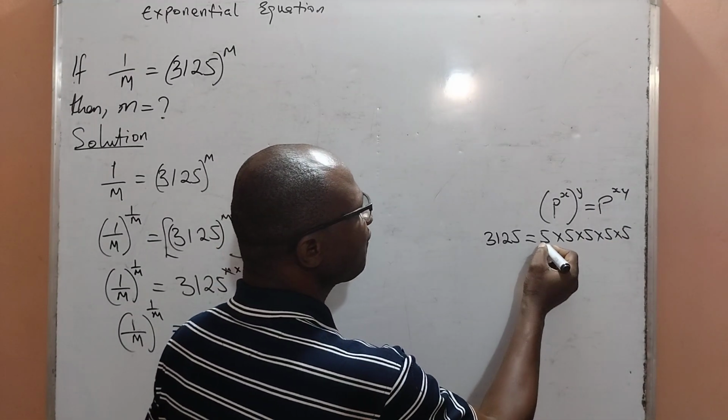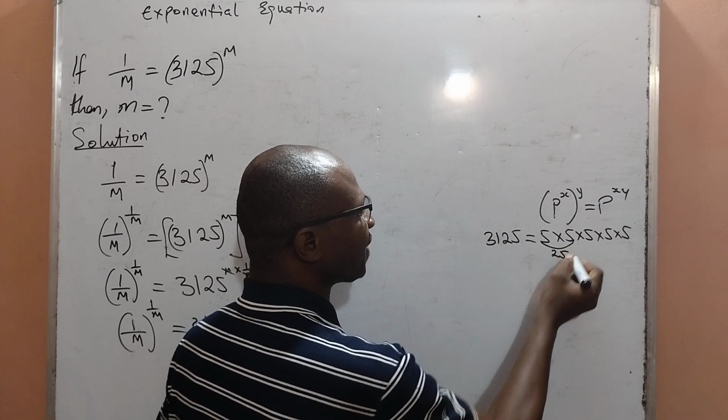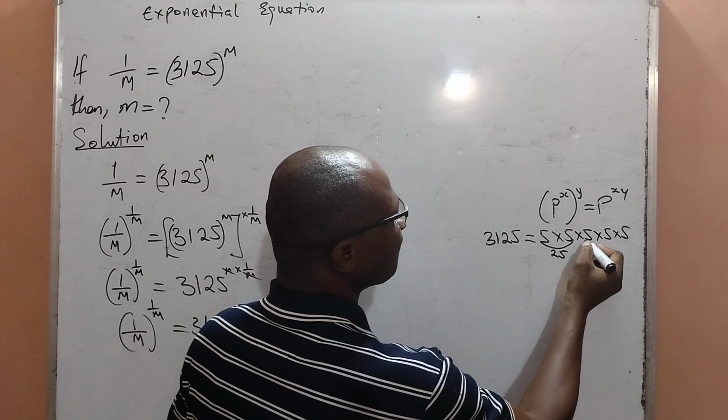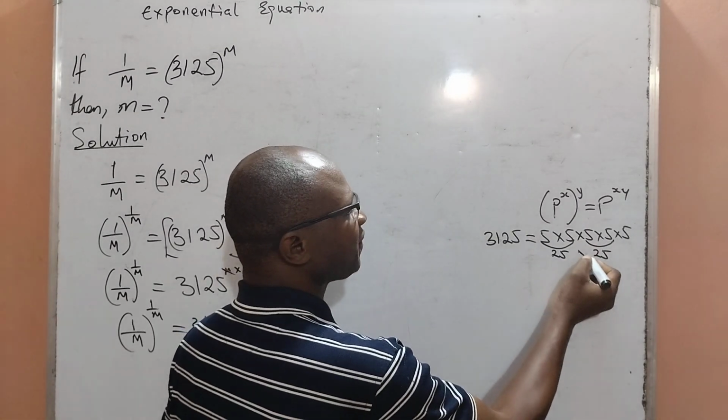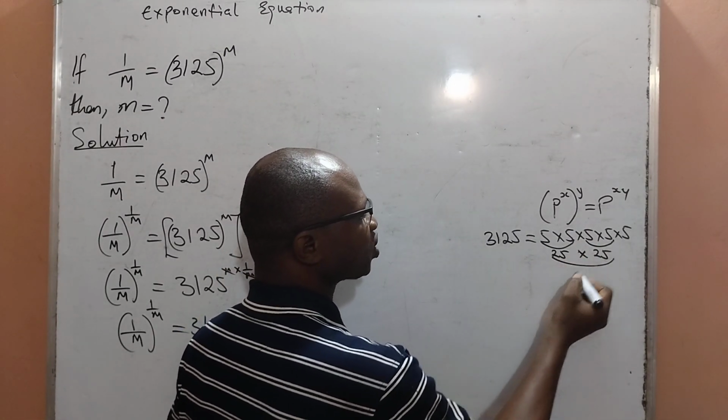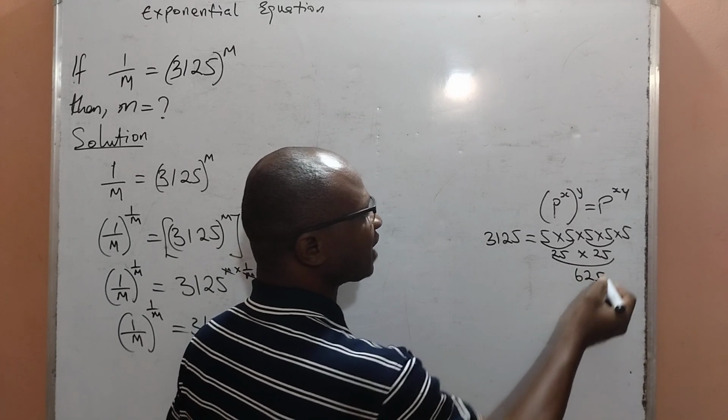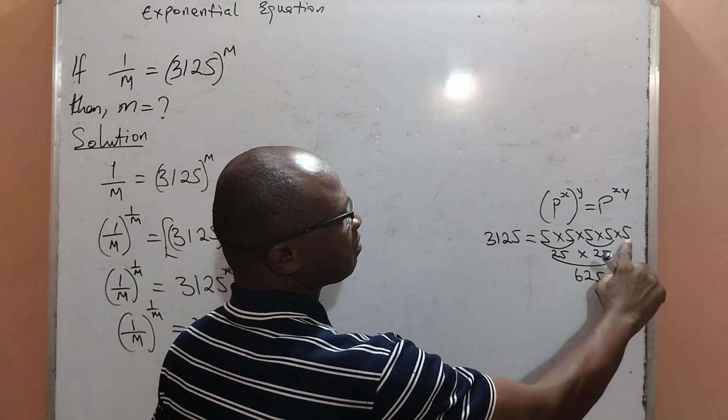Now, 5 multiply 5 will give me 25. 5 multiply 5 will also give me 25. Then 25 multiplied by 25 is going to give me 625. I have left multiplied by 5.